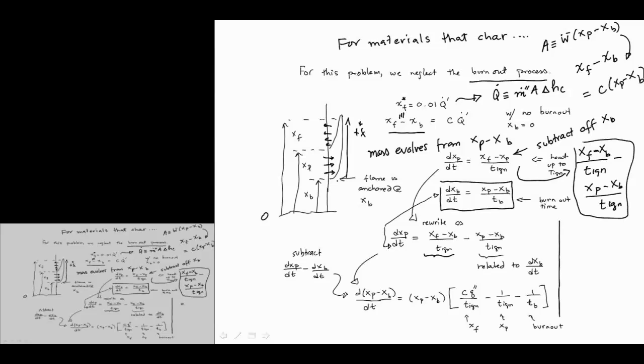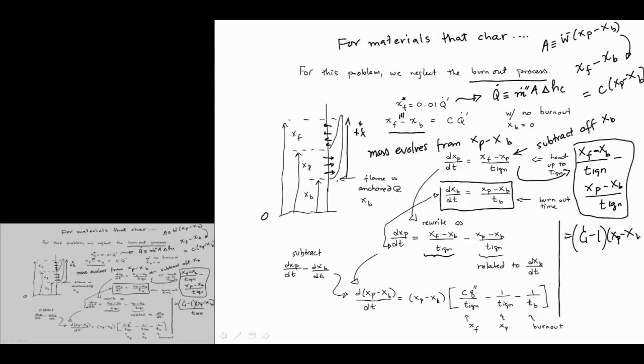So we get this equal to constant times, and I'm just going to combine these two, so it's equal to constant minus 1 times xp minus xb over T ignition.